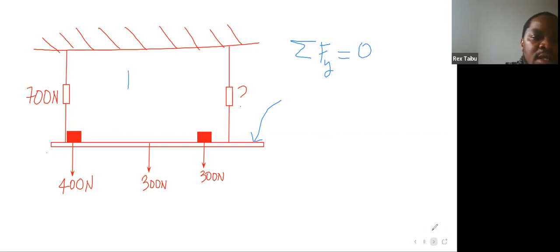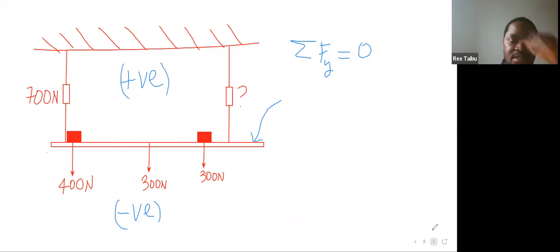Anything acting upward, I'm going to give it a positive sign. Anything acting downward, I'll give it a negative sign. And then I do my addition, the answer must be 0. For the upward forces, I have 700 newtons, and then plus, I don't know this one, so I just put a question mark, plus that.